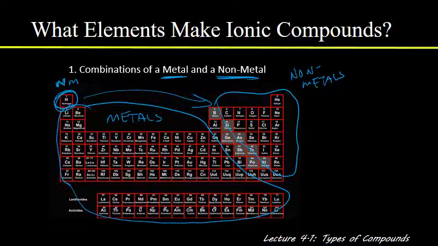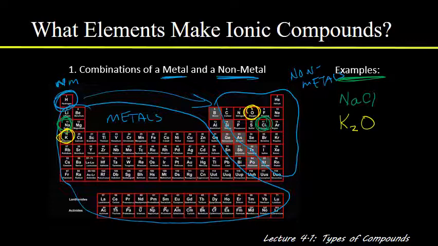So the first type of ionic compound are ones that are formed between metals and nonmetals. Examples would be a compound between, say, sodium and chlorine that we were talking about before, right? Sodium chloride. Or maybe potassium and oxygen, right? We'll talk about these formulas later, where that 2 comes from.